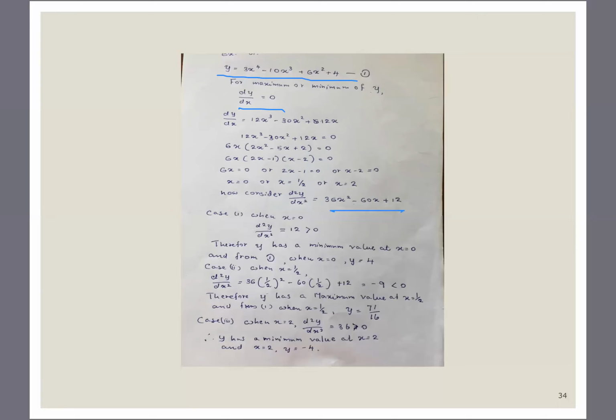Taking the first derivative, multiplying 12 into 3, you get this 36. And its x cubed becomes x squared, okay? And then the next term, because now I am differentiating again, 30 multiplied by 2 becomes minus 60. And x squared becomes x. Then 12x differentiating becomes 12. You can see, okay?